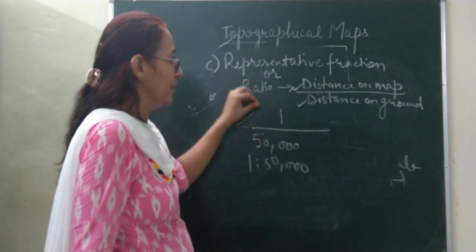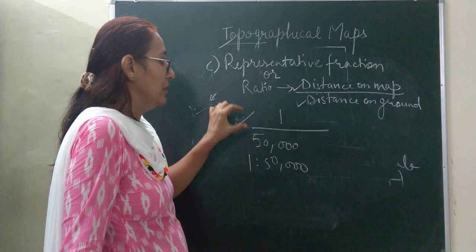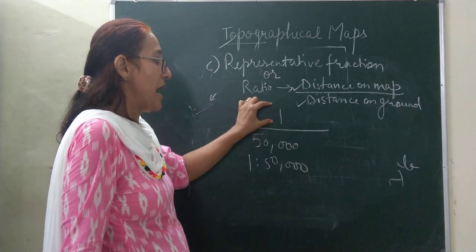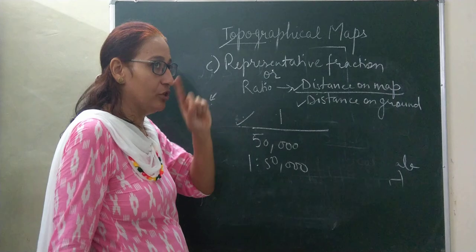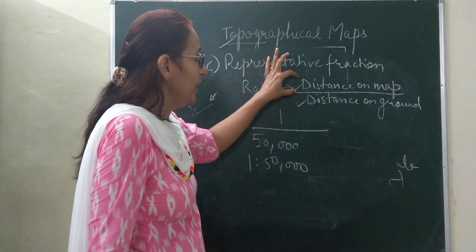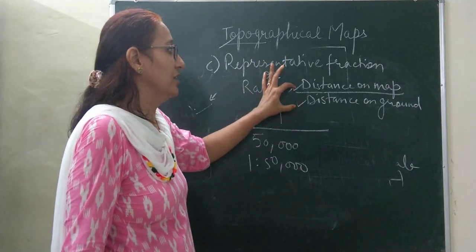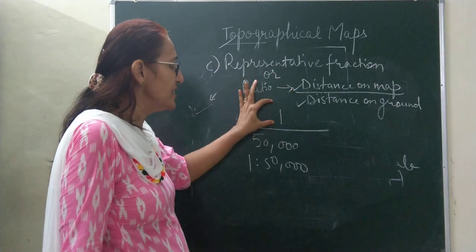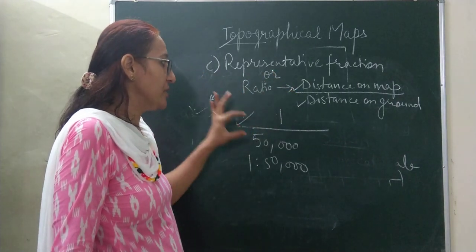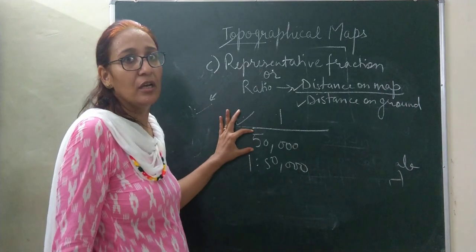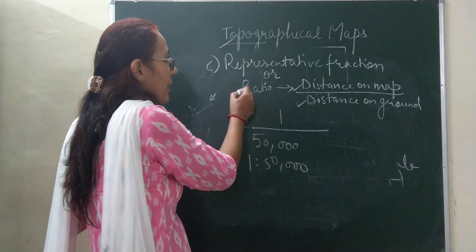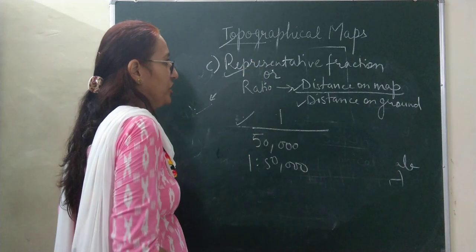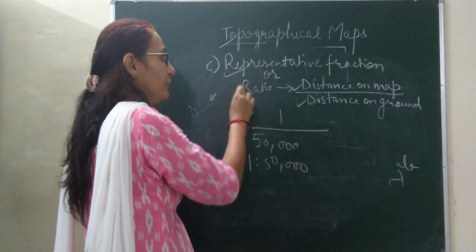We can't write here 1 centimeter on map represents 50 kilometers on ground. No. The unit of the numerator and the unit of the denominator will be the same: 1 centimeter on map represents 50,000 centimeters on ground. In representative fraction, this is the third type of scale.